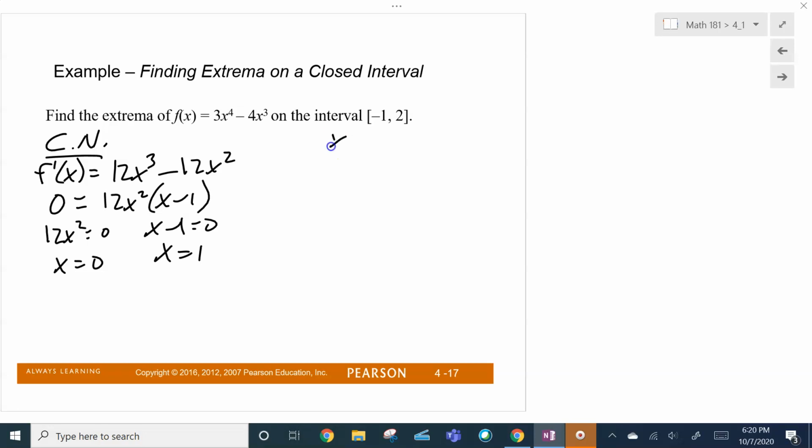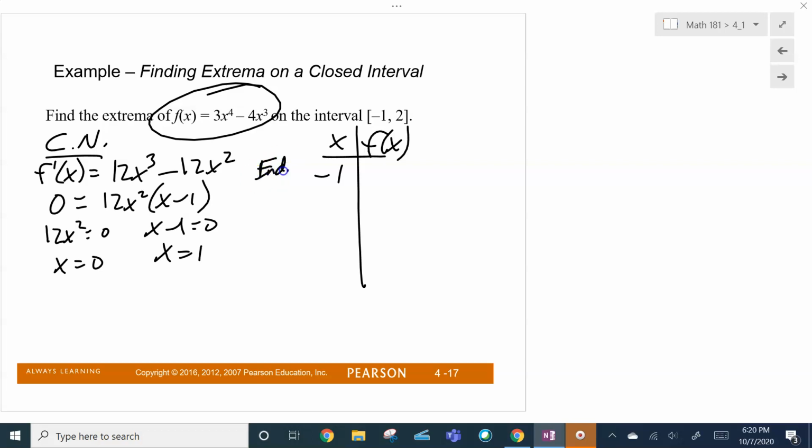So now we're going to punch these into our original function, and we're going to include our endpoints. So -1 is an endpoint because the relative min or max could occur at the endpoints, -1 and 2. And it might occur where f prime is 0. We'll just have to figure that out.